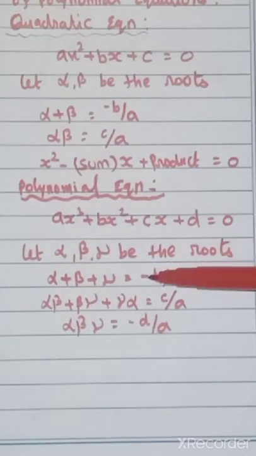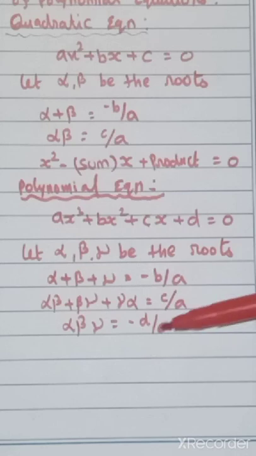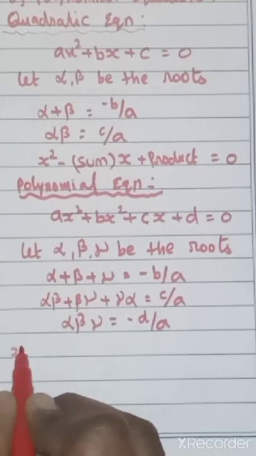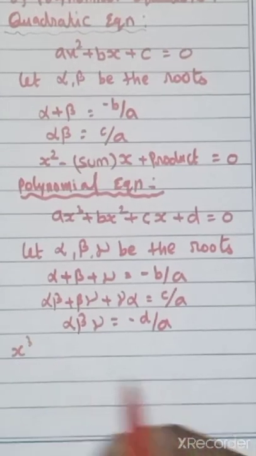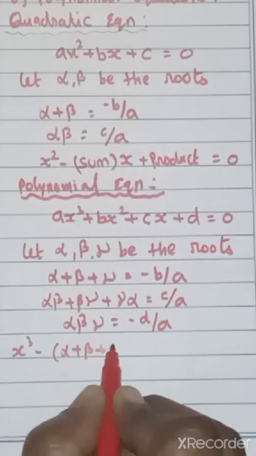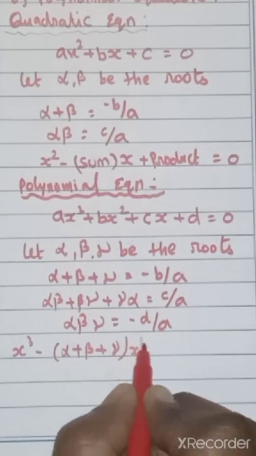Now look here, you can see the signs alternate: minus, plus, minus. Okay? So after this, how can we make the equation? We got this. After that we have to make the equation. So how can we make it? x cube, right? Minus the sum of first roots, alpha beta gamma, of x square.